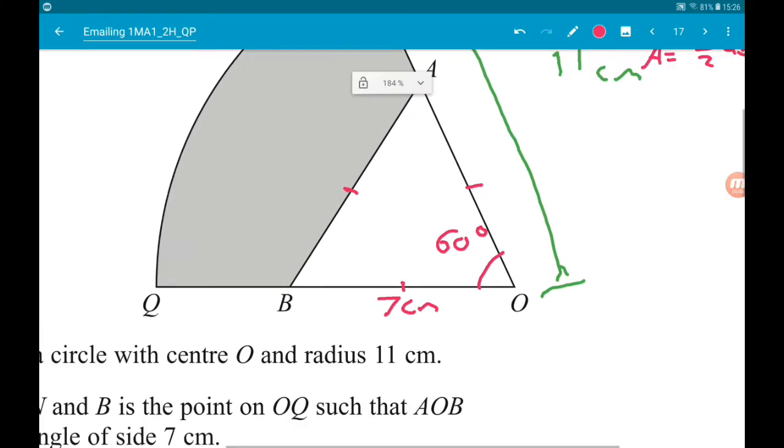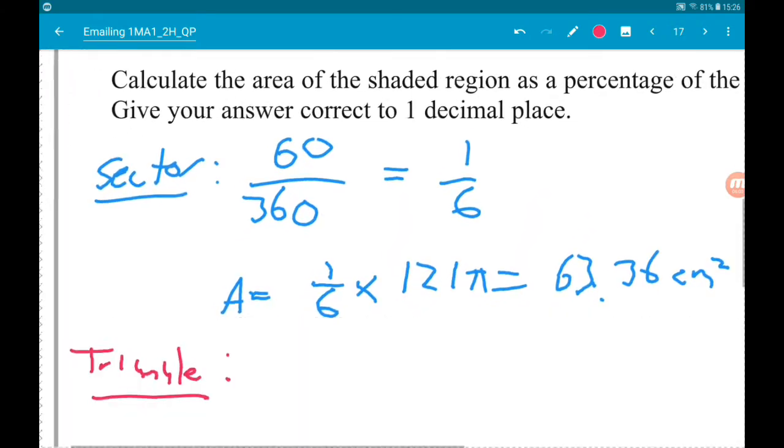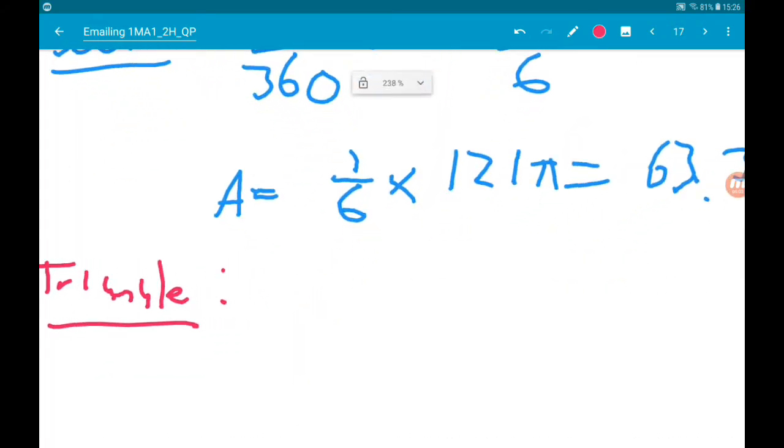So the area of the triangle is 1/2 times 7 times 7, so 49, sine of 60.